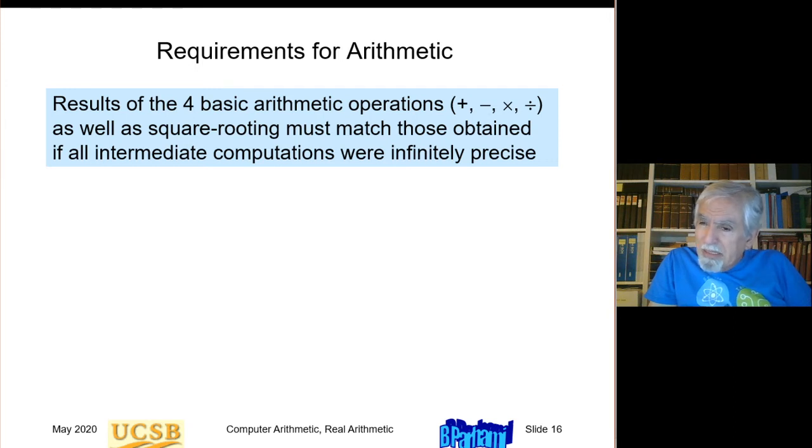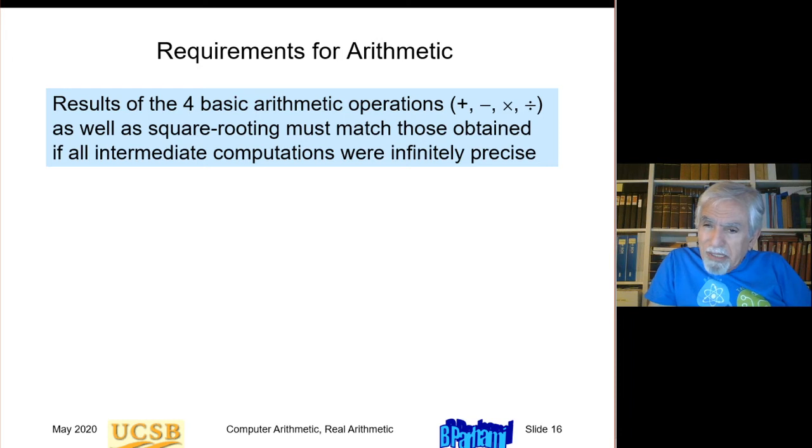So what that means is that you have to emulate the effect of infinitely precise computation, in other words, ensure that your operations do not lose any precision. So it's up to the designer of the floating point unit to carry sufficient precision in the intermediate steps to ensure that no precision is lost, except as a result of the final rounding.